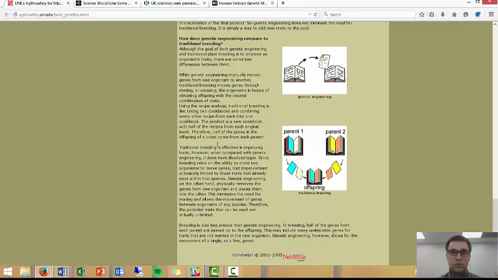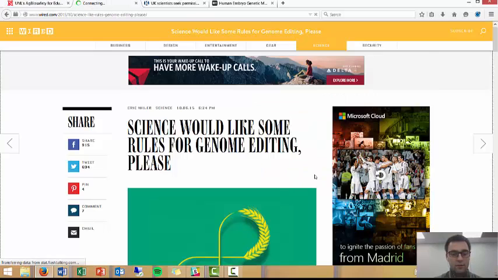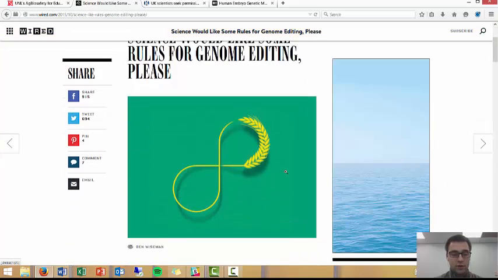We've been able to take certain seeds and make them more durable, more sustainable, more healthy, and produce bigger fruit, vegetables, what have you. But let's look past the basic plant usage of genetic engineering, and this is going to segue us to the next article, which talks about rules for genome editing.